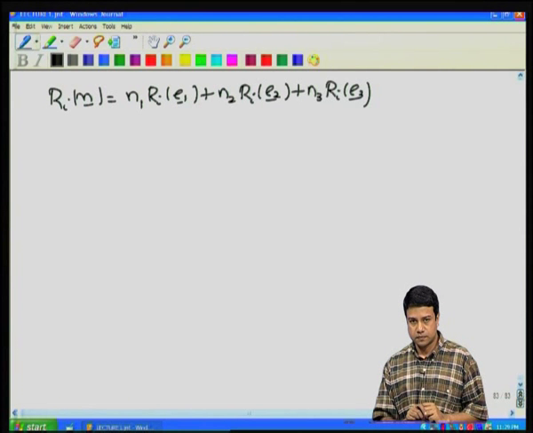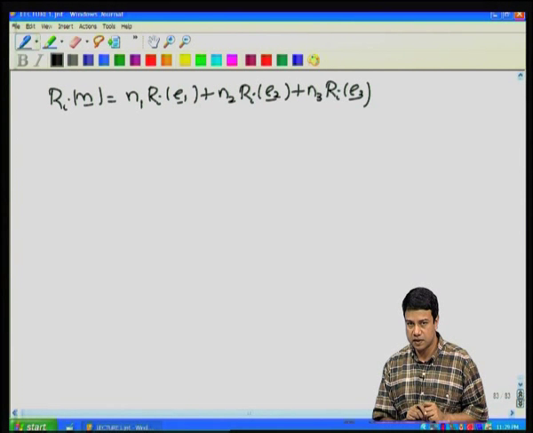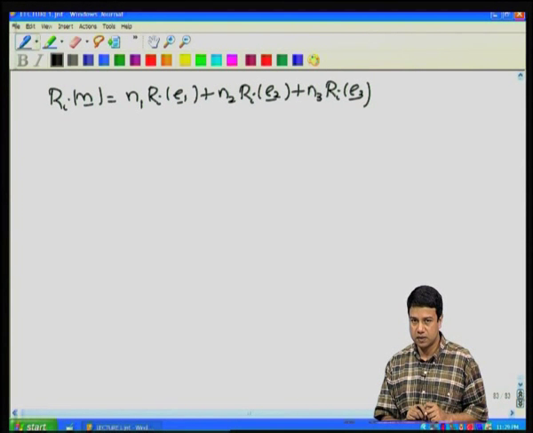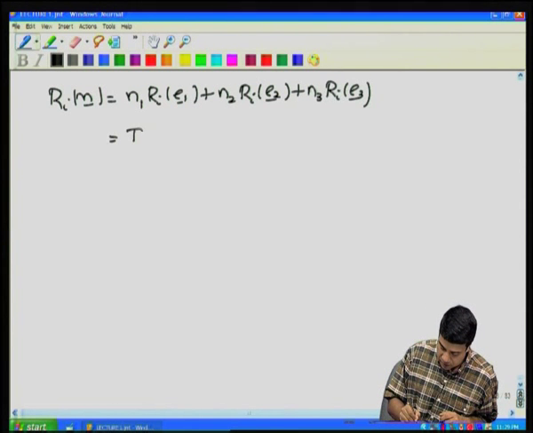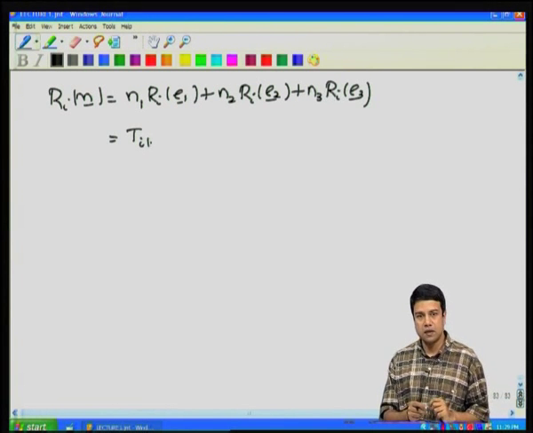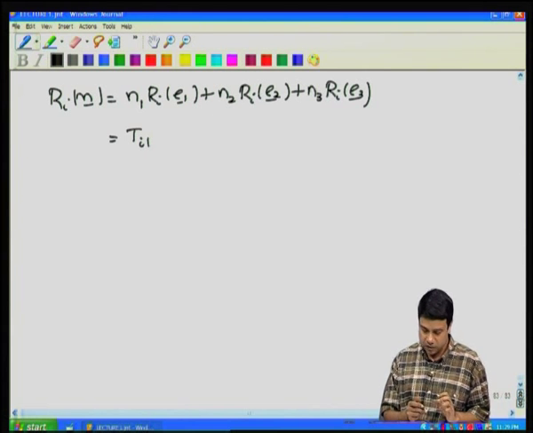Okay. Ri of E1, force in the i direction acting at a surface whose unit normal is in the E1 direction. Okay. This I can write as Ti1, where Ti1 is the force in the i direction acting at a surface whose unit normal is in the 1 direction. Okay.